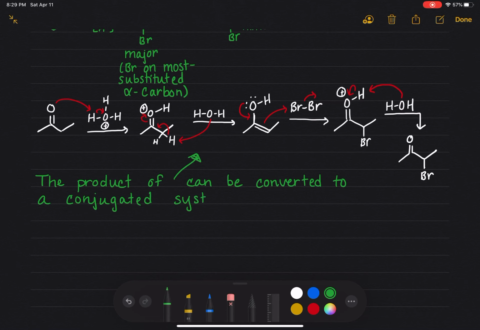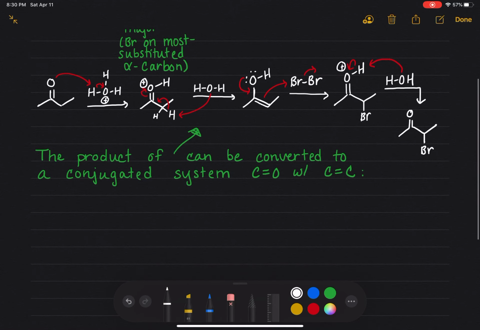In this particular system, we're going to have a carbon-oxygen double bond conjugated with a carbon-carbon double bond. So let's take a look at how that would happen. And we're going to use the same product, this guy right here. We're just going to keep reacting it.